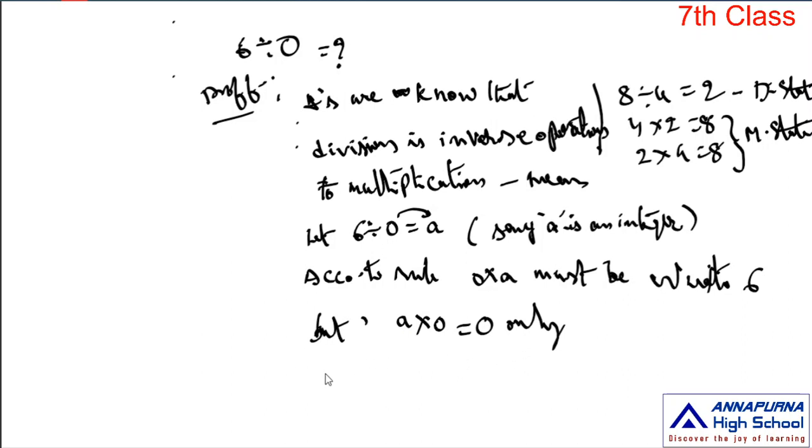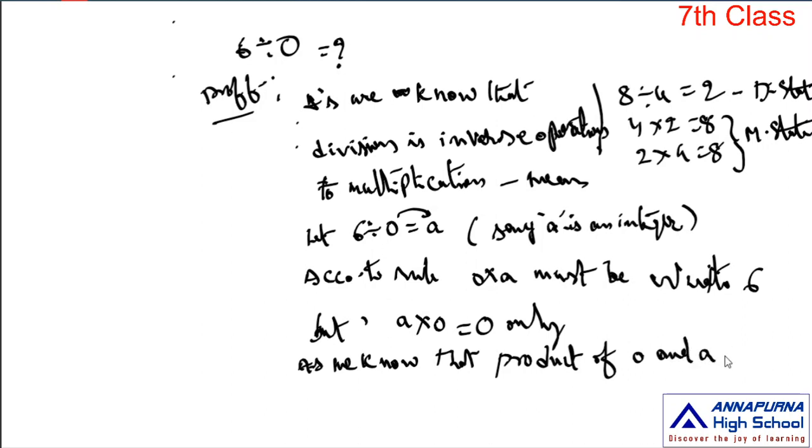As we know, the product of 0 and any integer, here the integer is a, is 0 only.